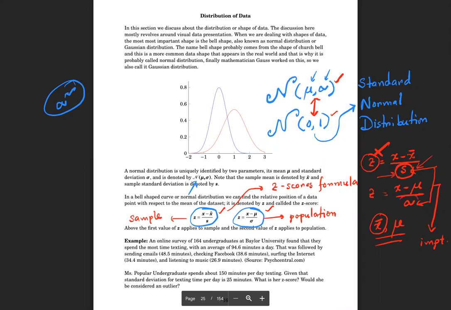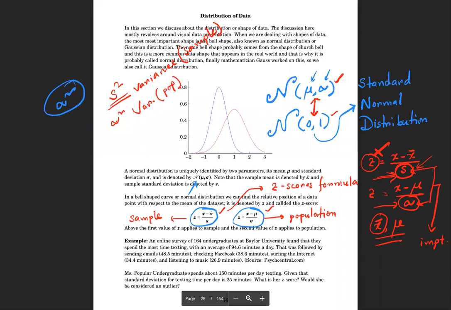And in the case of population, by considering the entire population, the standard deviation that you get is called sigma. So s stands for sample standard deviation and sigma stands for population standard deviation, and s square is the sample variance and sigma square is population variance.